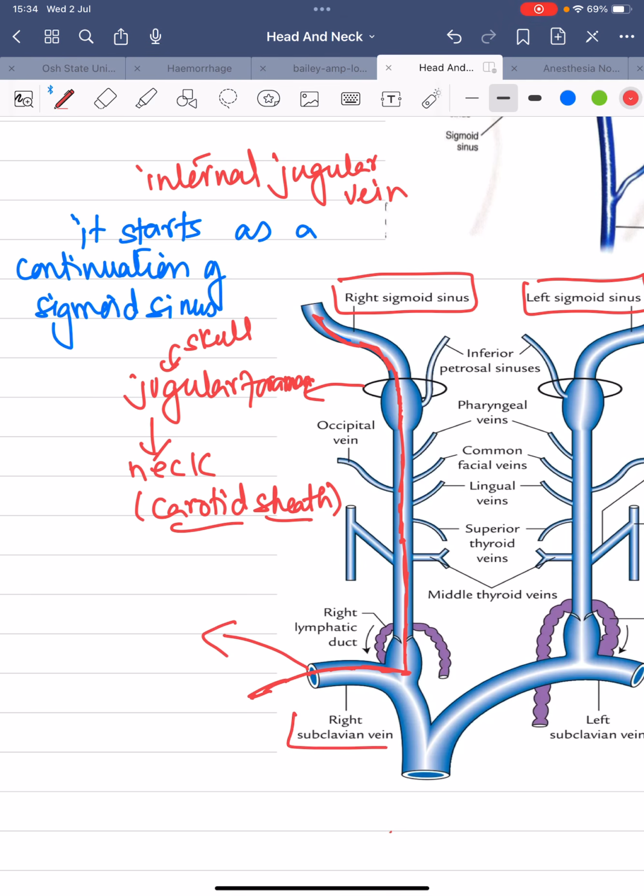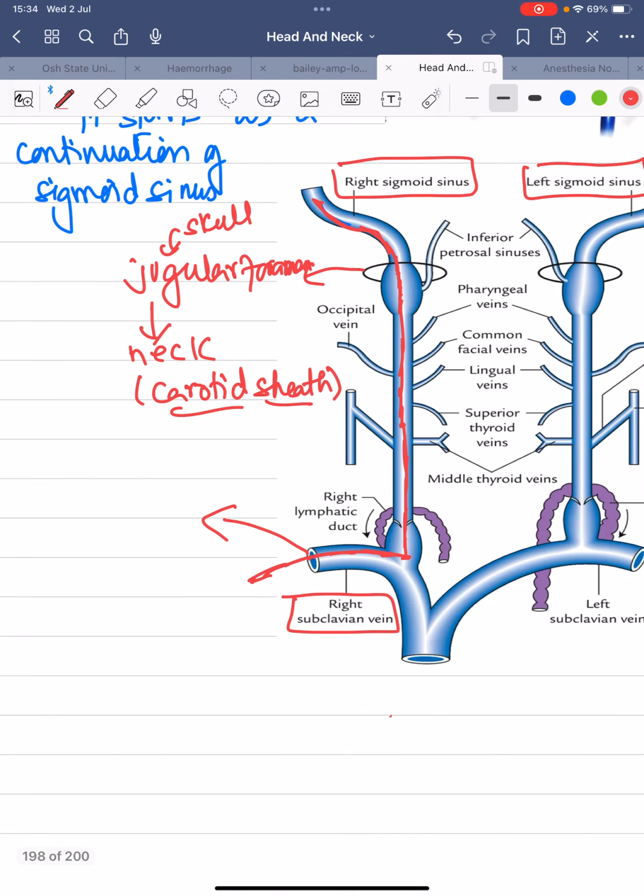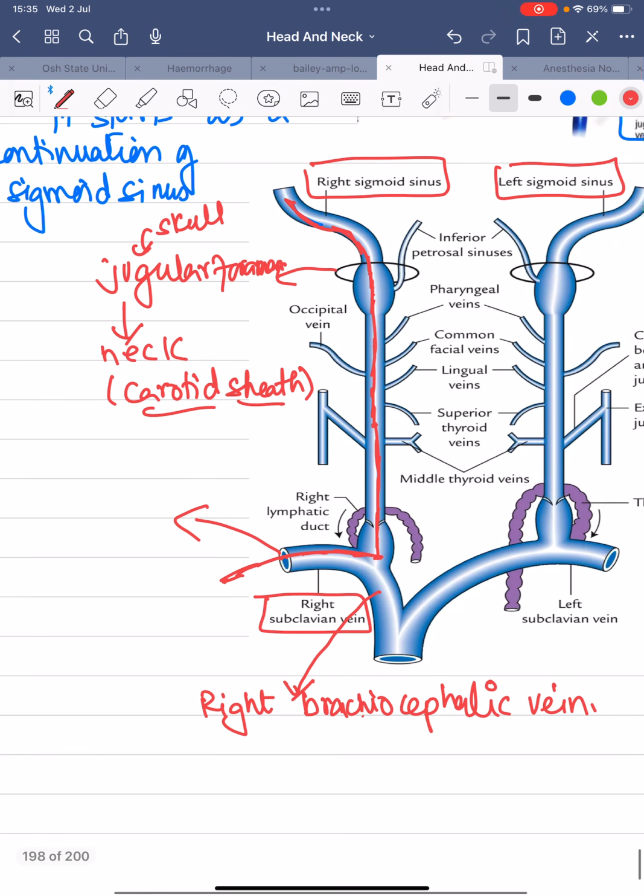When it is joined here by the subclavian vein, it is going to form, for example on the right side, the right brachiocephalic vein. Okay, which vein? Brachiocephalic vein. Clear to everyone?